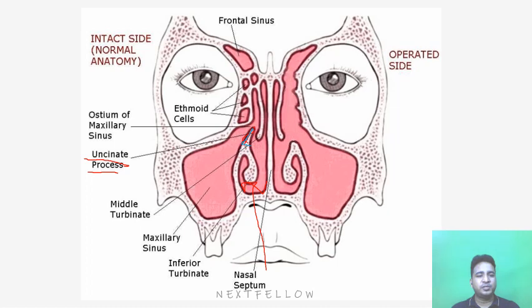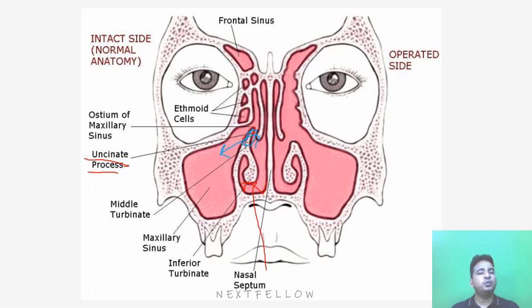We will remove this uncinate process, open up the infundibulum and enter into the maxillary sinus. So after removing the uncinate process and opening up the infundibulum, we will then do the middle meatal antrostomy, that is opening up of the antrum, the maxillary sinus ostium.